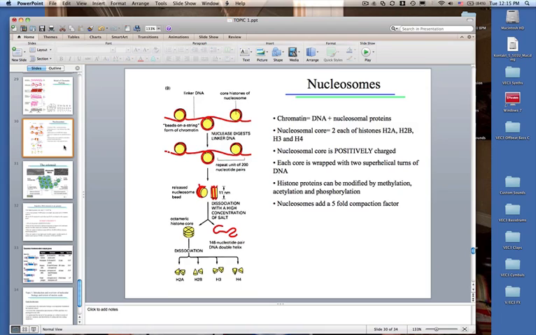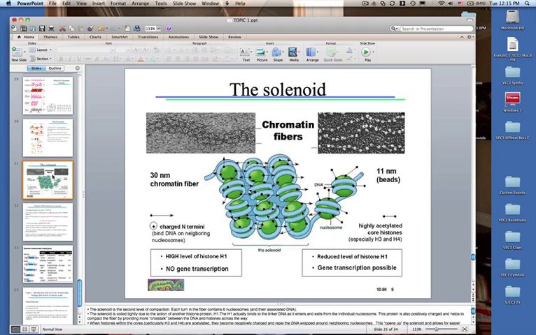H1, again, is a positively charged protein, so it is also helping compact the nucleosomal cores together, because H1 over here can bind to the DNA on another nucleosomal core and help to compact the structure.